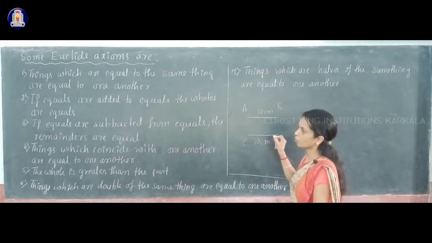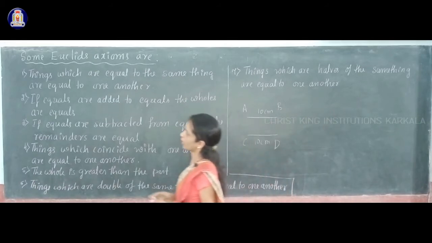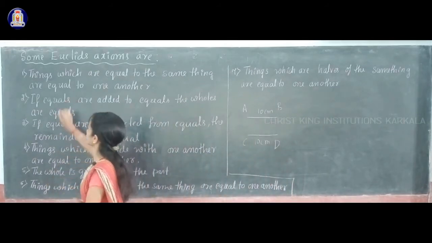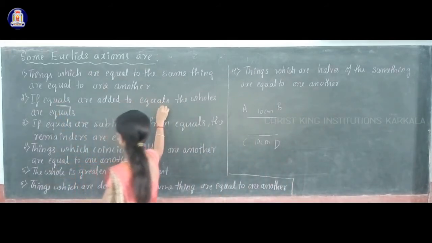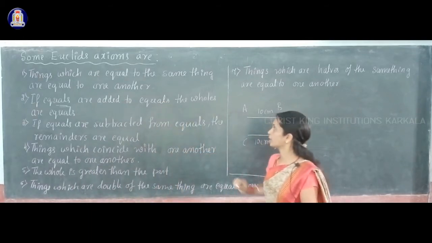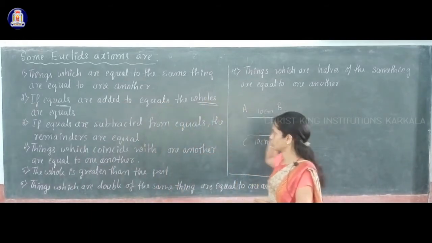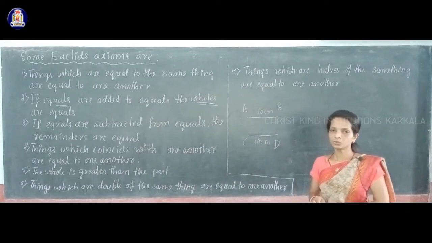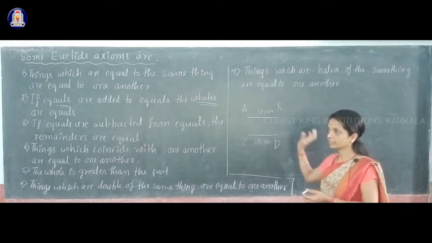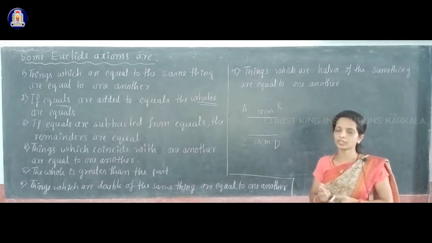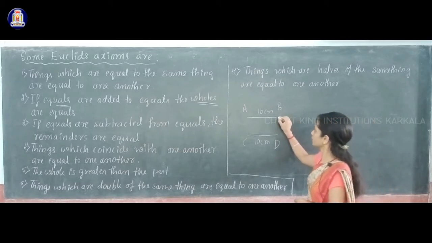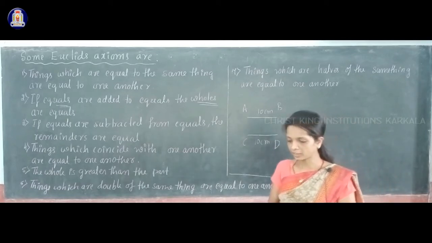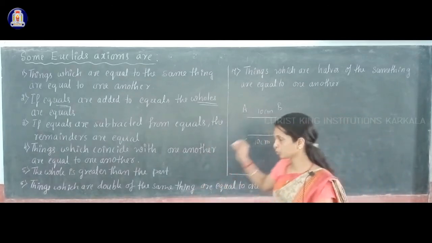Now what you have to do is add equals. If equals are added to equals, then the wholes are equal; that you have to show. To these two line segments, I'll add an equal line segment of length 2 centimeter, to both.